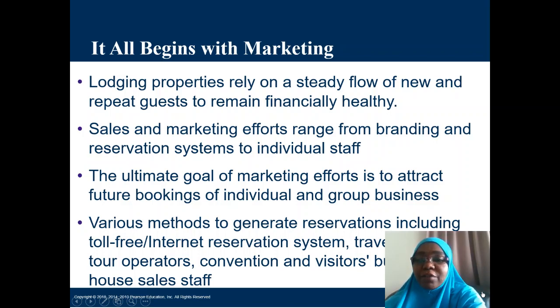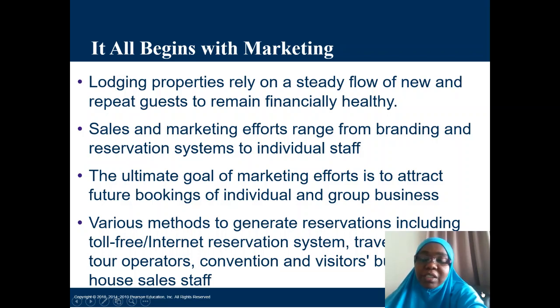Sales and marketing efforts range from branding, you have to brand your product, to the reservation system, to individual staff. So it doesn't end with the facility you're providing, it also has to do with your branding, as well as the kind of system you're using, the interoperability of your system, as well as your staff.